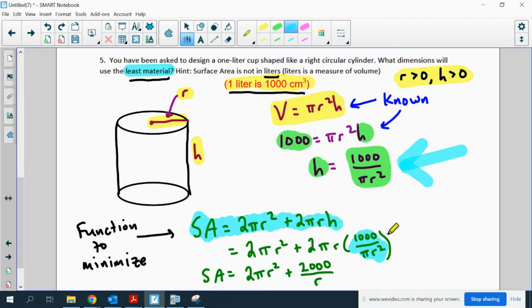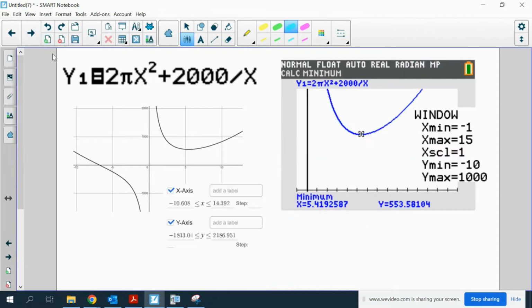So I'm replacing h with 1,000 divided by pi r squared, and then I do a little simplifying, and this is the function that I have to minimize. So after I look at this, I'm going to type that in the calculator, remembering that r and h have to be positive values, and I end up with this value as my minimum.